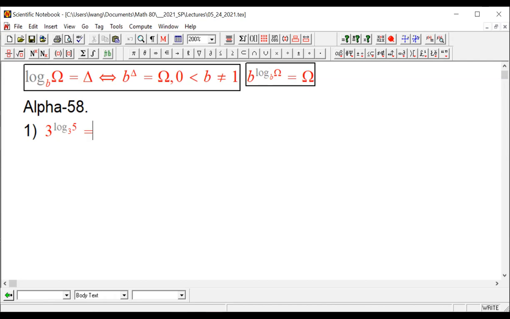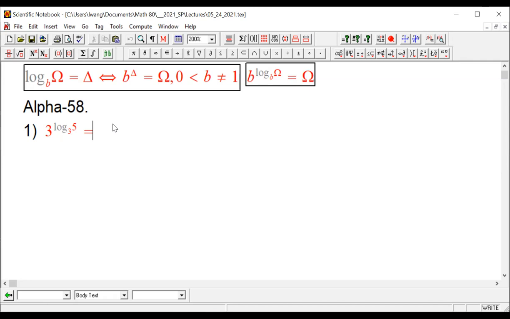Could I see some answers on the chat? Be brave, be confident. I'm sure you know the answer. What is the answer, Francisco? What is the answer for this one? The base of the exponential and the base of the logarithm are the same.